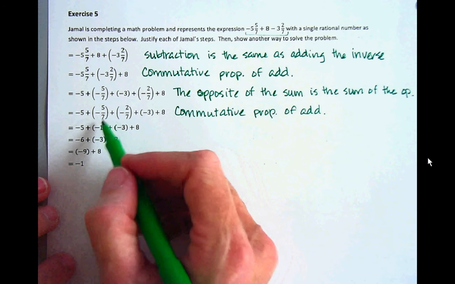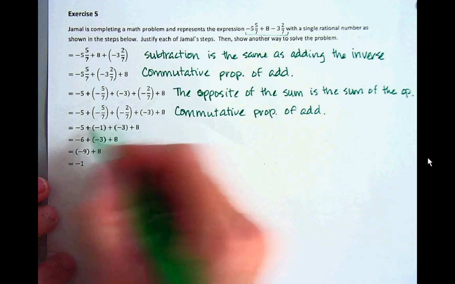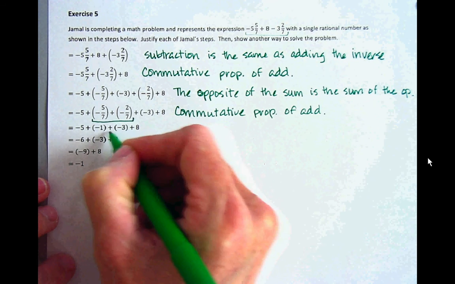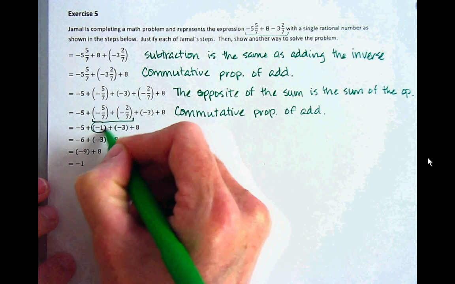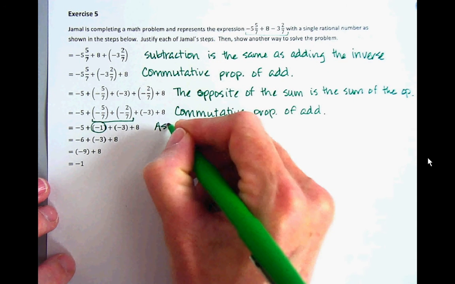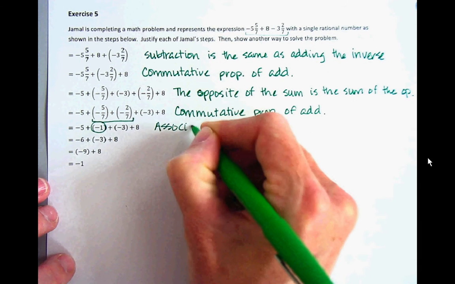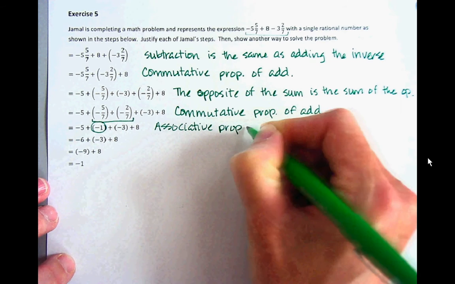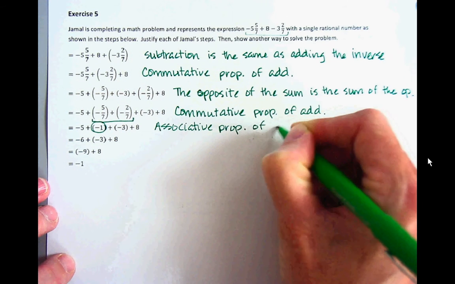So the associative, we've associated this to get 1. So if you notice, these two equal a negative 1. So we've used the associative property to simplify this. Associative property of addition.